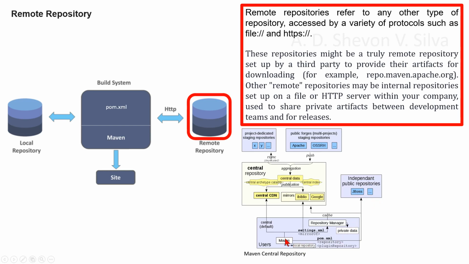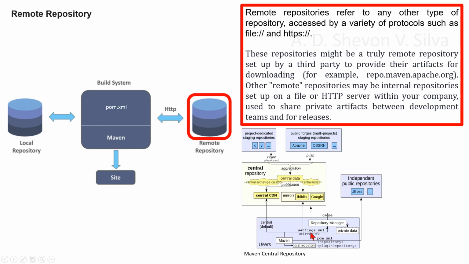Maven is connected to the central CDN, and the central default is passed from Maven to the central CDN. Maven is also connected to mirrors and the repository manager. Settings.xml is passed through Maven to the mirrors and repository manager, and the mirrorOf tag is there.